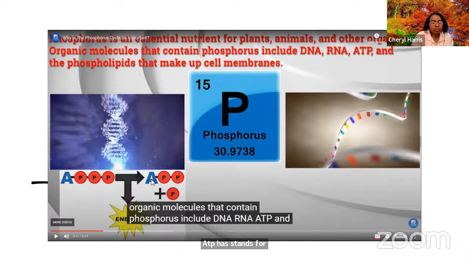So that means it's got 3 phosphates, and that's our energy molecule. This is extremely important. And then phospholipids make up the cell membrane. So you want to make sure that you have all of that written down as far as our phosphorus reserves: DNA, RNA, ATP, and phospholipids that make up the cell membrane.